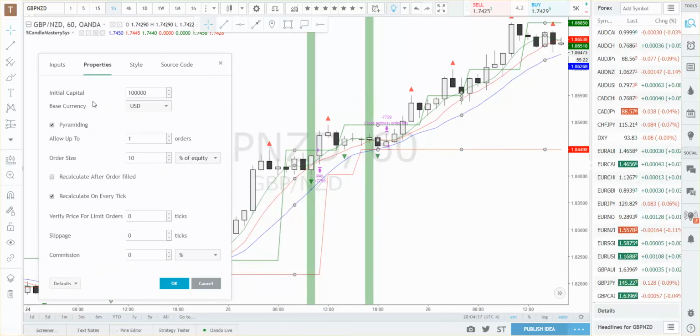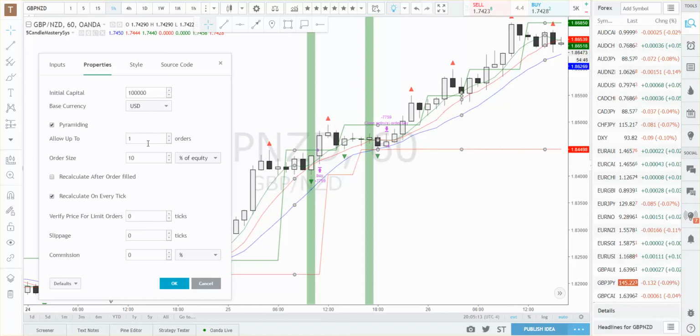If you go to properties, this is everything related to the strategy, so you can change your initial capital. You can pyramid, meaning currently it's defaulted to allowing only one order, but if you wanted to take 2, 3, 4 orders, where you may have multiple setups occurring while you still have the first order open, that will allow you to add on to the position.